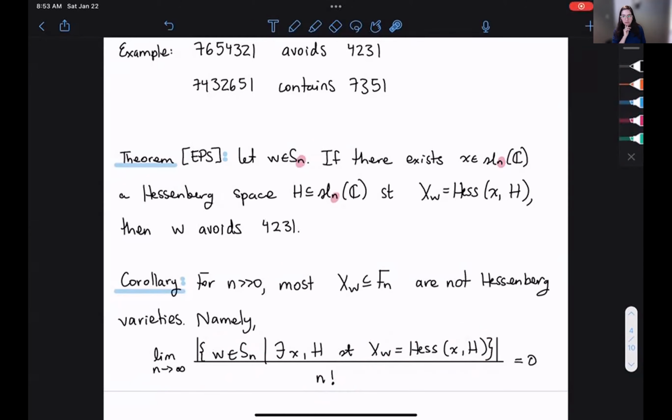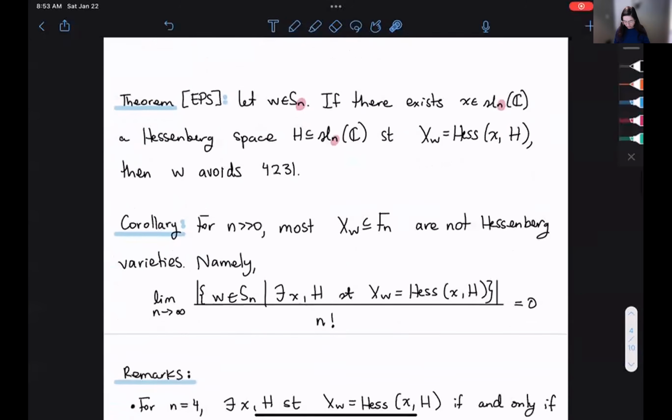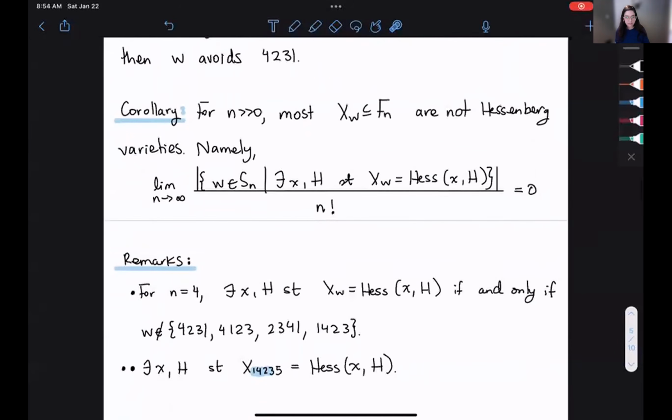Okay, so now a question is, could this be an if and only if, or can pattern avoidance really characterize Schubert varieties that are Hessenberg varieties? And the answer is, well, let's see.